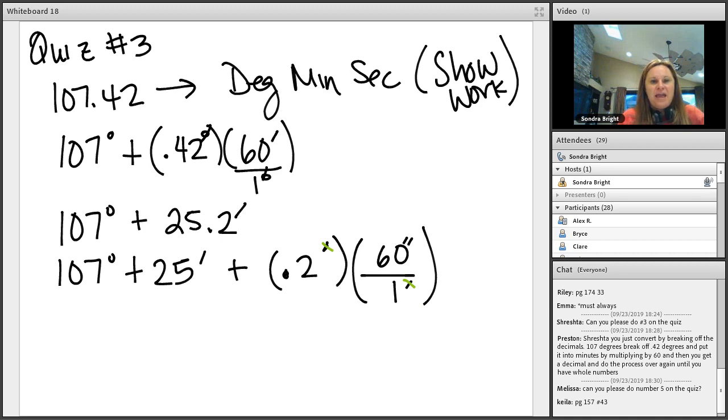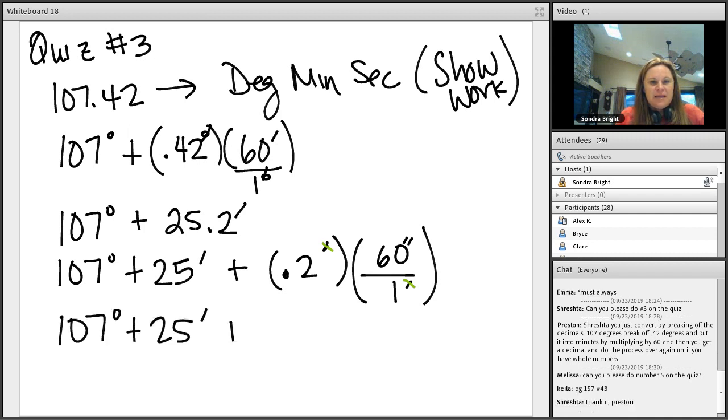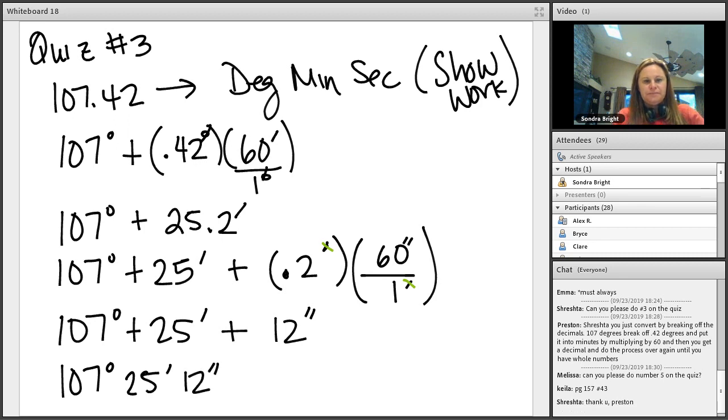Then you take the 0.2 of a minute and figure out how many seconds are in 0.2 of a minute. So you get 107 plus 25 minutes plus, what is that, 12 seconds. And then don't leave your plus sign there. You got to just write it. 107 degrees, 25 minutes, 12 seconds. That's your answer.